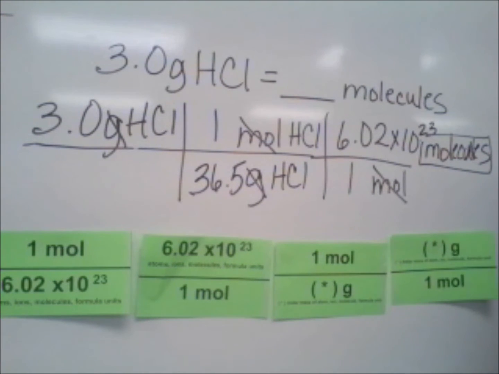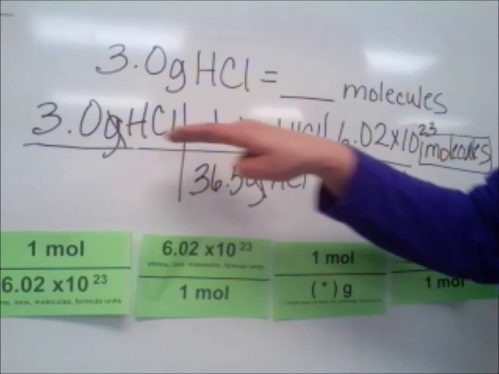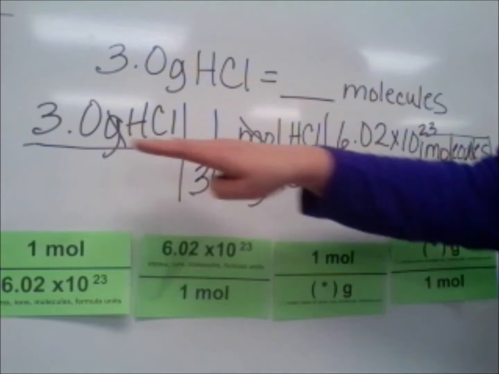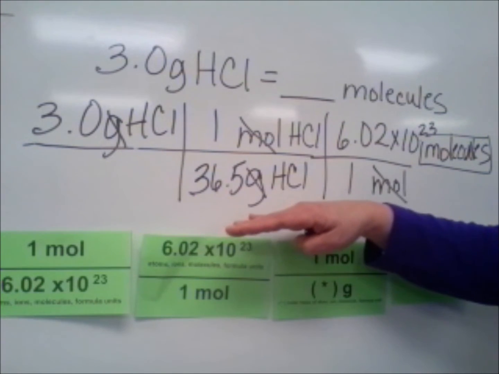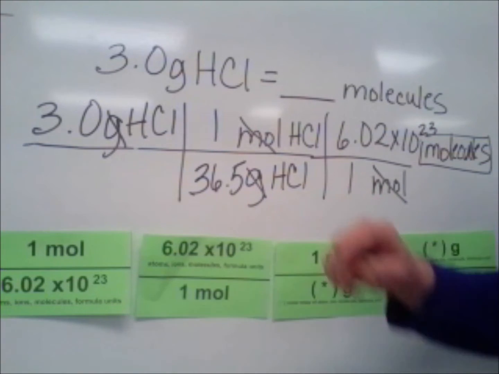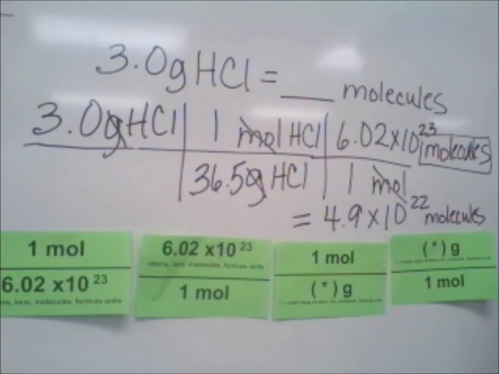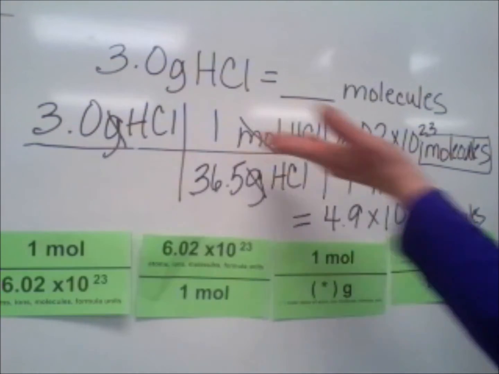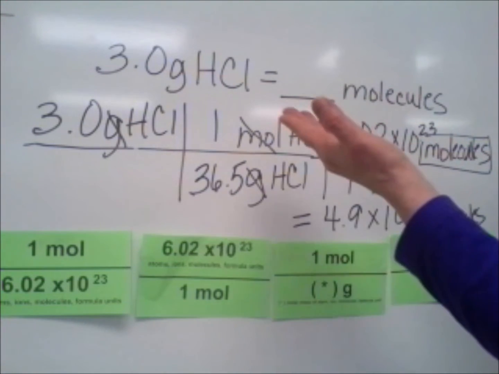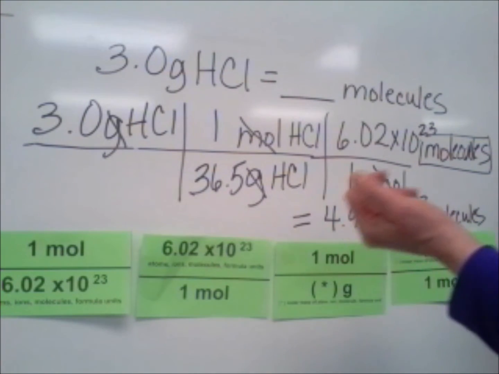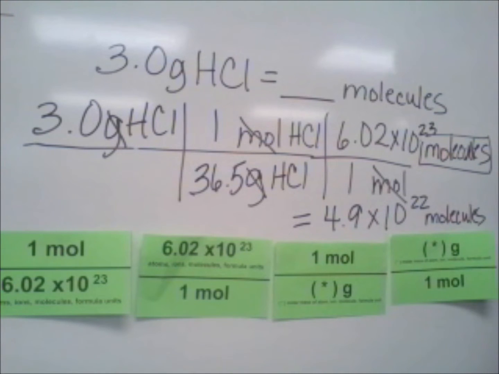The last step that we have to do to complete this problem is simply to do the math. We go ahead and we multiply across and then divide by the number on the bottom. After calculating those numbers, 3 times 6.02 times 10 to the 23rd divided by 36.5, we come up with an answer of 4.9 times 10 to the 22nd.